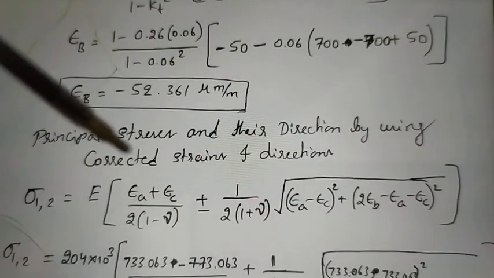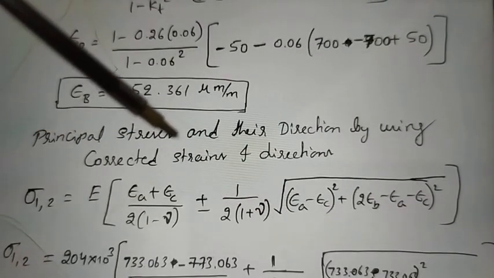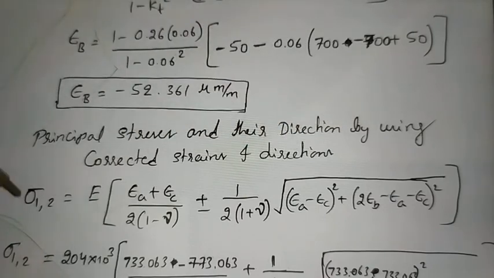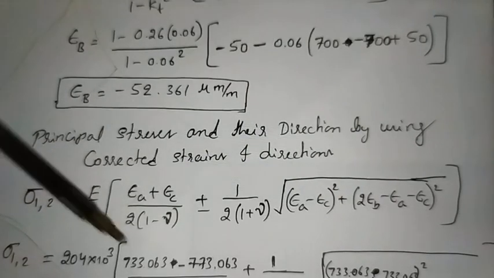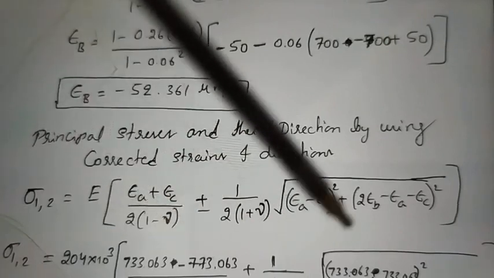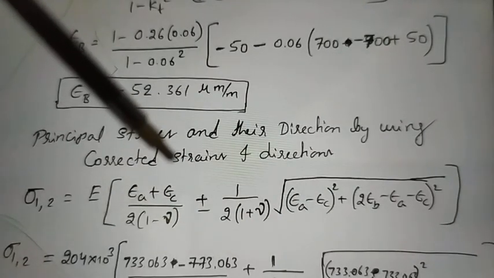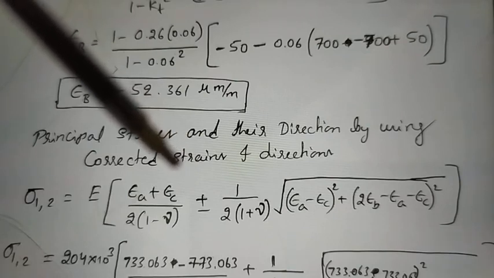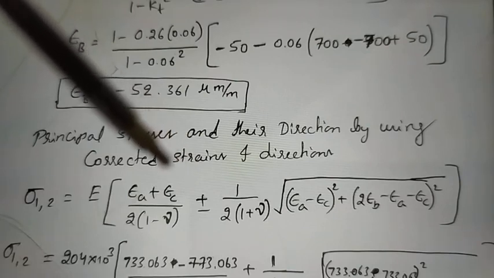of principal stresses. Here you are going to determine the principal stresses and their direction by using the corrected strains and directions. See here, this is the sigma 1, 2 equation. This equation is also obtained where you have done the three element rectangular rosette expression derivation.